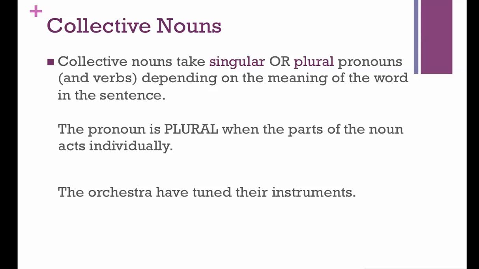The orchestra have tuned their instruments. I take the plural there as well as the plural have because in this case, the members of the orchestra are performing individually. They all have different instruments. They're all tuning their own individual instruments as individuals.